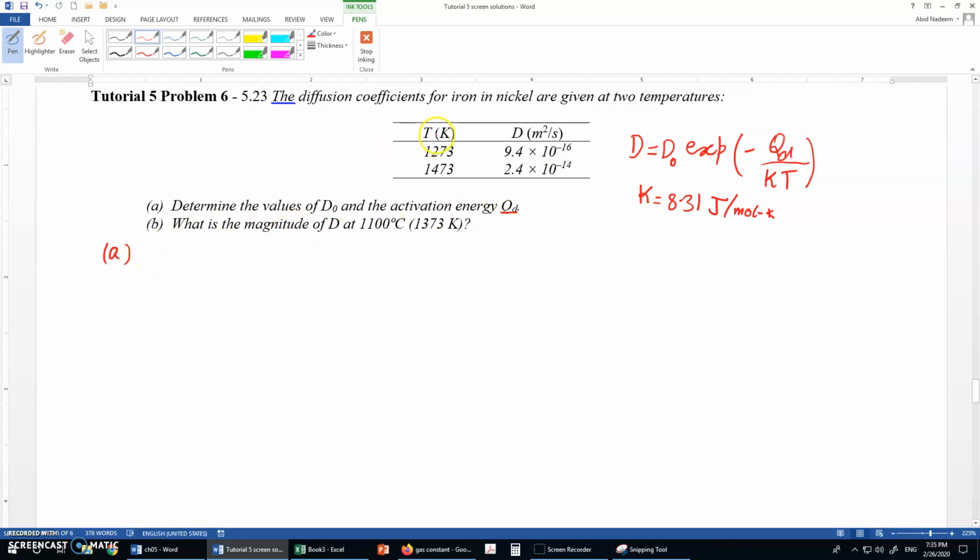So for the first data set, we have this diffusion coefficient D equal to 9.4 into 10 to the power minus 16, equal to D naught, which we need to find, exponent minus QD, which we also need to find, divided by the gas constant 8.31 times the temperature, 1273.